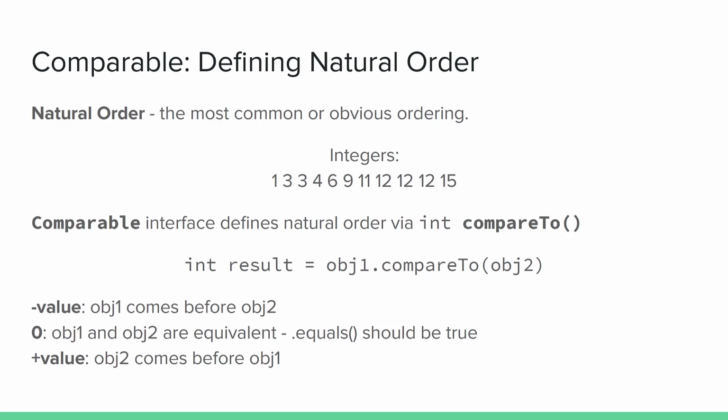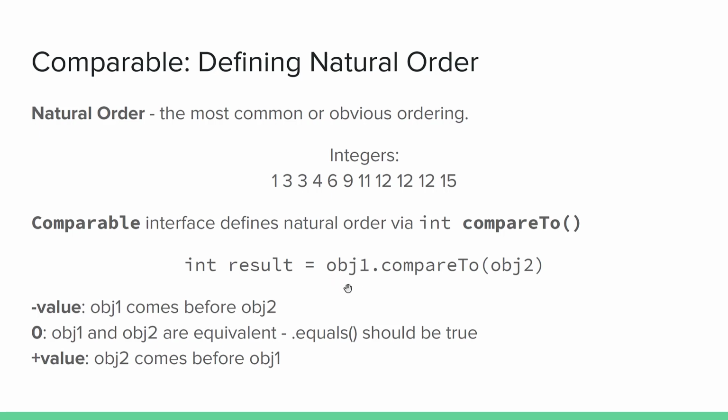Now, the compare_to method returns an integer value to reflect the relative order of the two objects being compared. The sign of that number reflects which object comes first. So if the value returned is a negative number, then we assume that object 1 in my example here is the object that comes first.